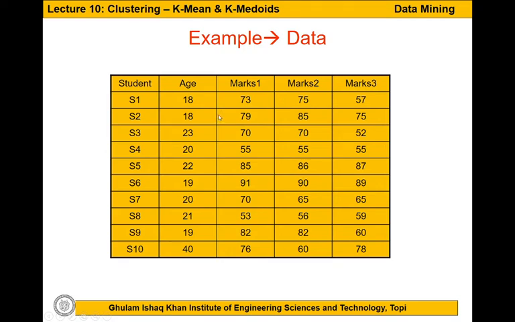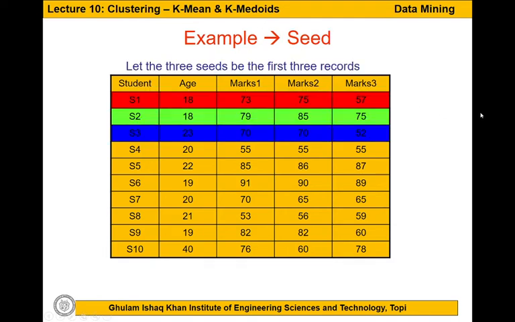For the sake of this example, I'll be giving colors to different clusters, and S1, S2 and S3 will be selected as seeds for cluster 1, 2 and 3. Of course, we are solving this problem for k equal to 3.